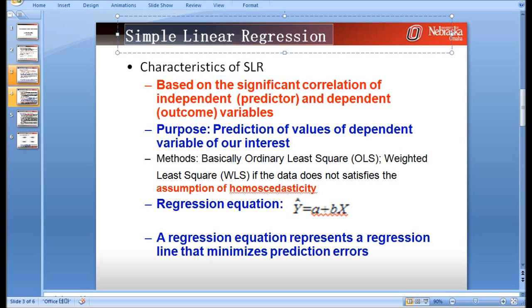I will show you A to Z procedures for a regression analysis using SPSS and how to interpret the SPSS output. Okay, so do not be intimidated by the complicated calculations and descriptions about linear regression in chapter 18 of our textbook. As far as you understand the materials in this video lecture, you will be just fine.